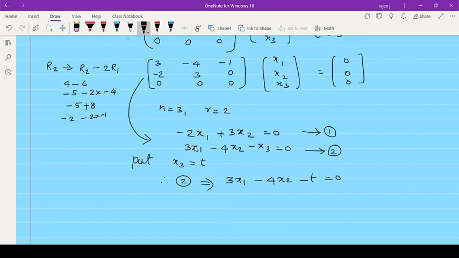And from equation number 1 you will have minus 2x1 equal to minus 3x2. Now we will solve these two and we will get the answer. So from here t is equal to 3x1 minus 4x2.